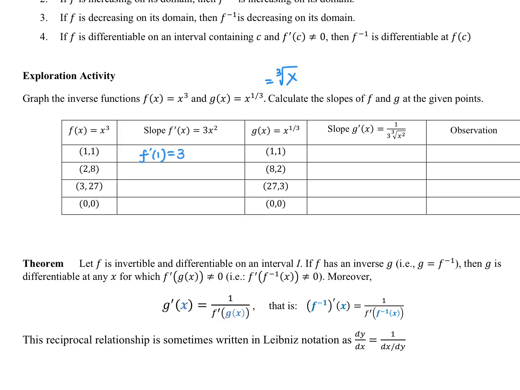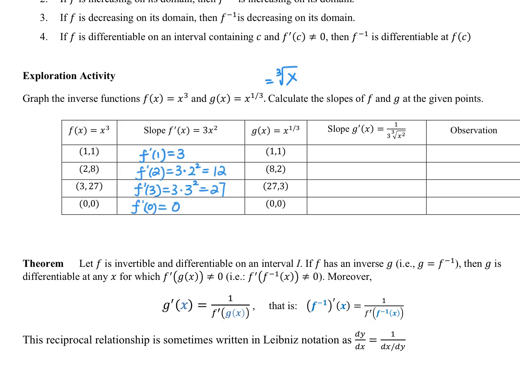Now, f prime of 2 will be 3 times 2 squared, right? Which is 12. And f prime of 3 is equal to 3 times 3 squared, which is 27. And f prime of 0 is 3 times 0, which is 0.